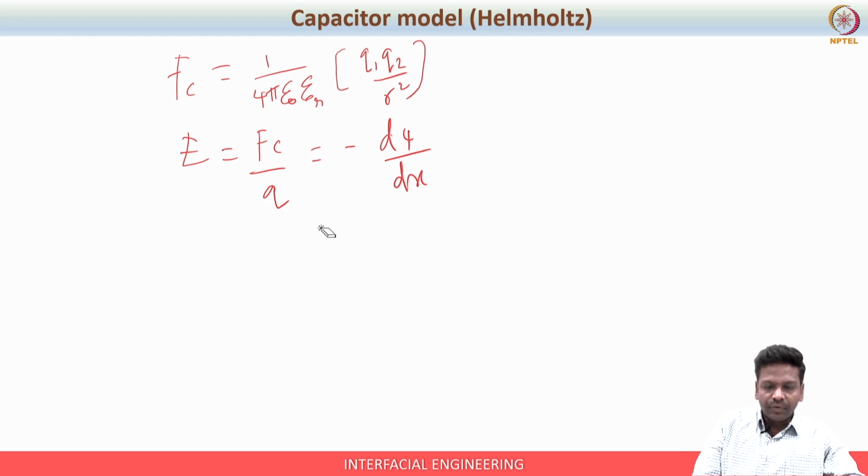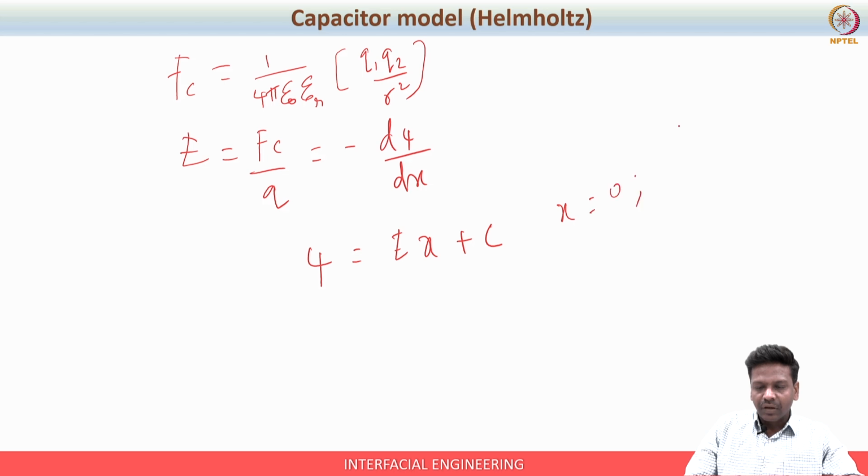Now if you simplify this, E is nothing but the slope here, so you will get psi equal to E into x plus c. If you apply the boundary condition that at x equal to 0, psi is psi naught, then c is nothing but psi naught.